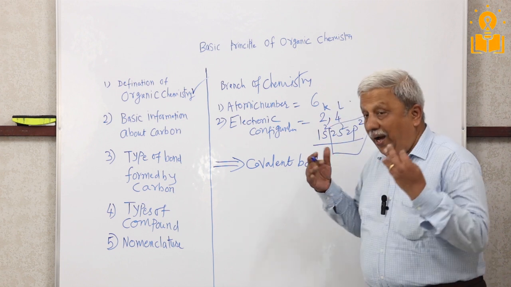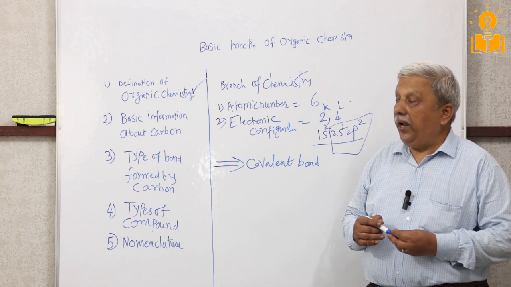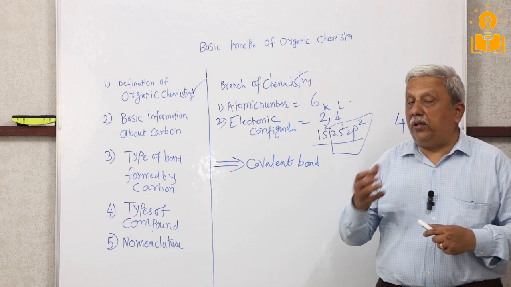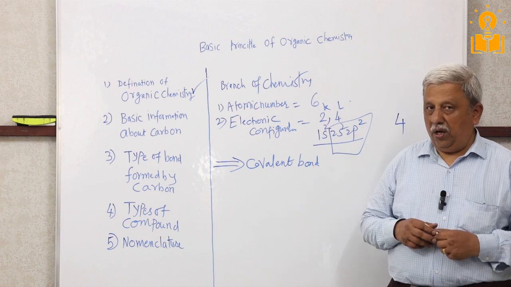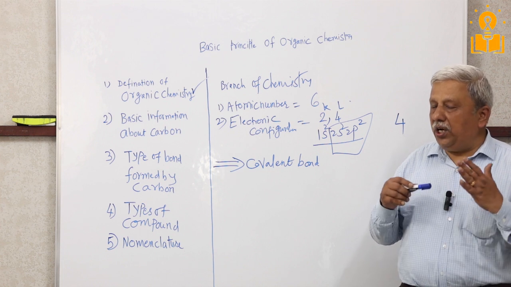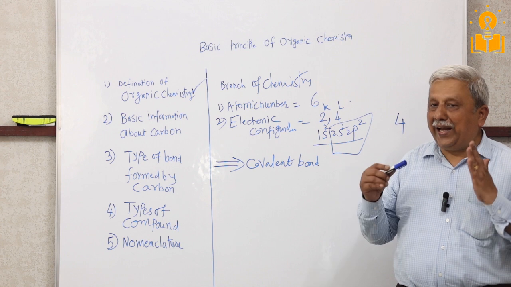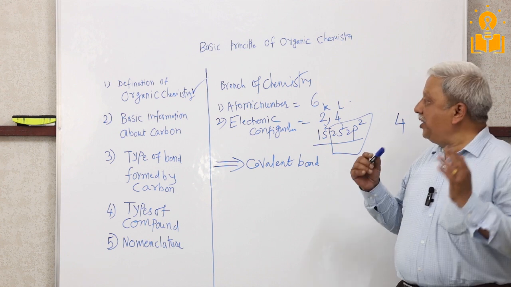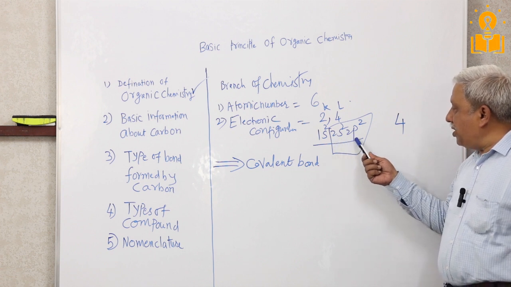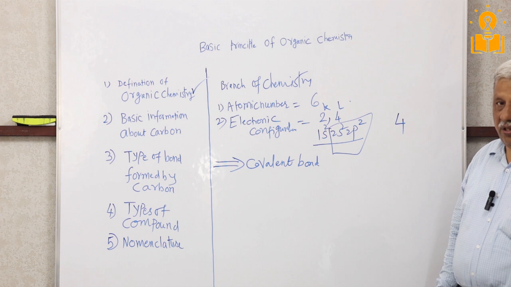And why does it form a bond? That we should also know. Basically, it follows the octet rule. What is the octet rule? Every element tries to achieve noble gas configuration, or 8 electrons in the outermost shell.